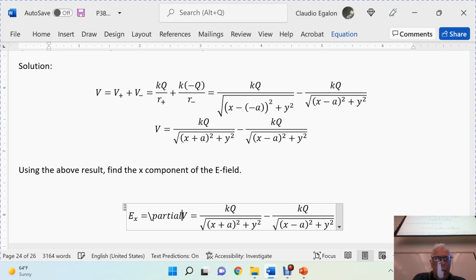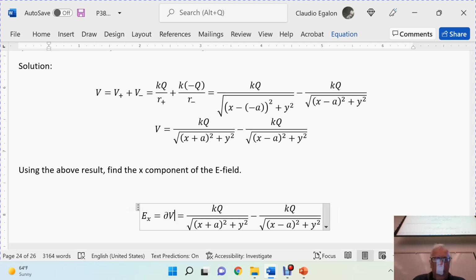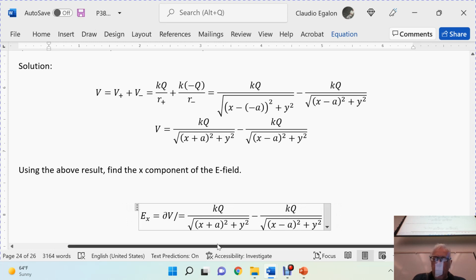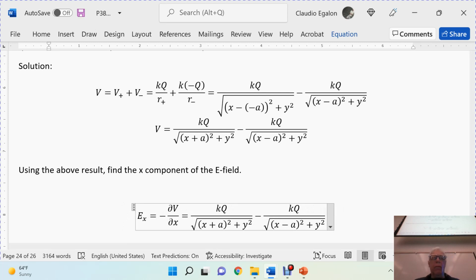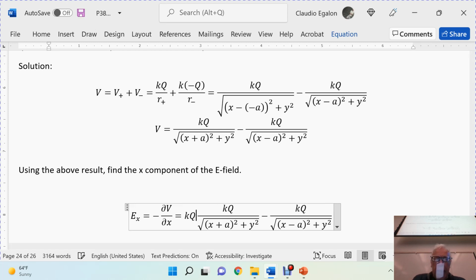Let's see. Yep, got it. Ex. Don't forget we have a negative sign here. And you have to take the partial derivative with respect to x. Okay, and what we get, I'm going to put the KQ in evidence here.